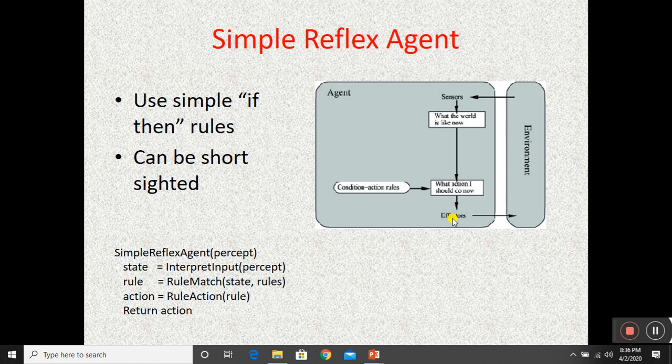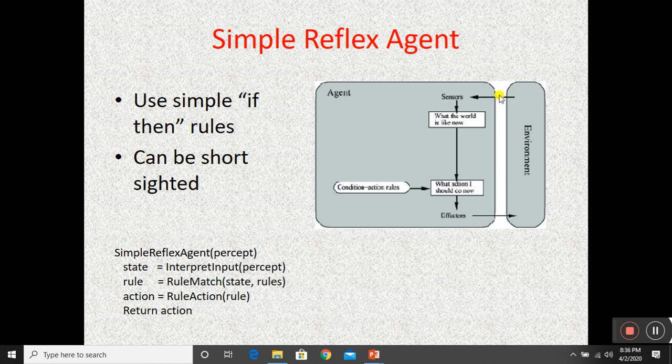The next step is the actuator or effector. In this smoke sensor example, it will be a speaker that will speak out or ring an alarm.